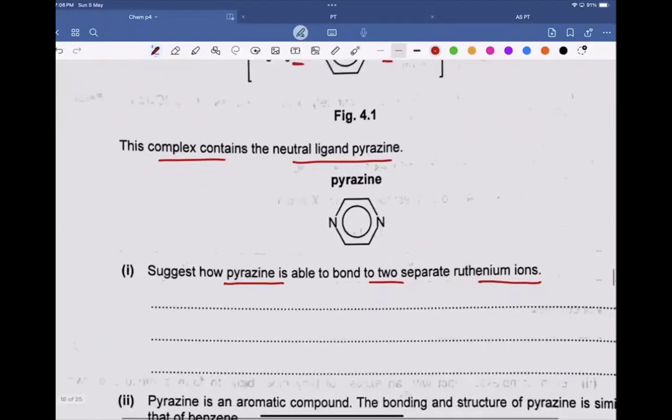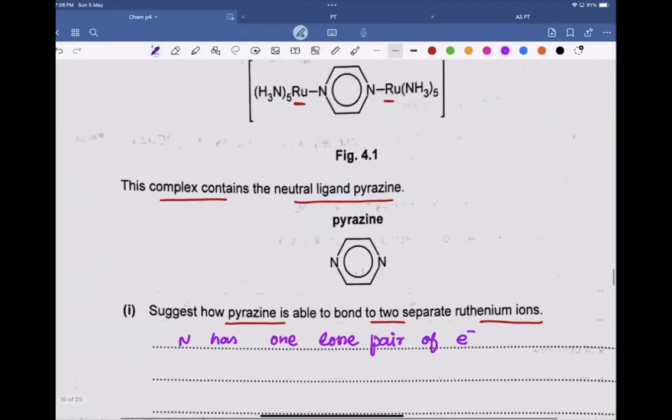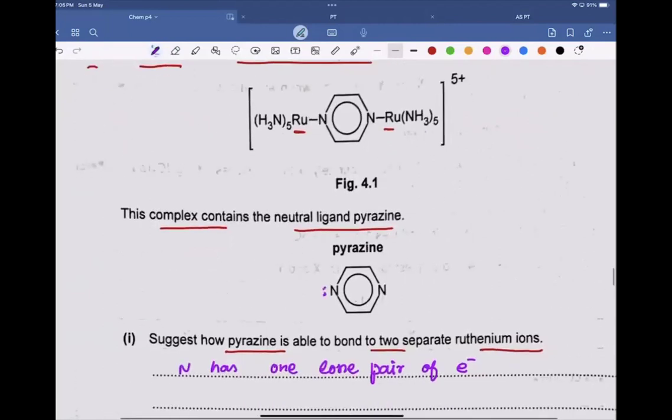So we can write over here that nitrogen has one lone pair of electrons. And see, there are 2 nitrogens, right? So each nitrogen is forming a dative bond with one metal.